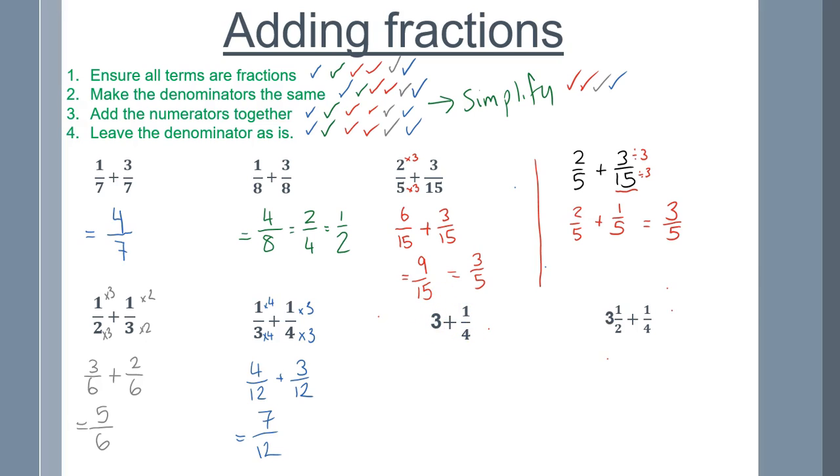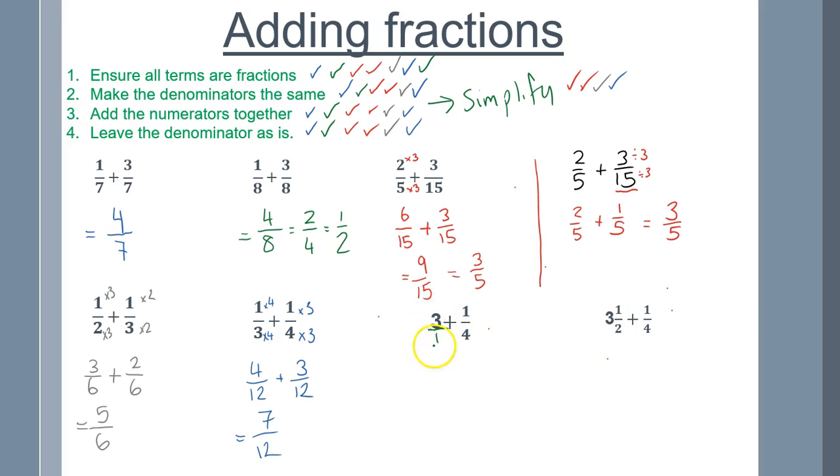This next one throws a bit of a spanner in the works because we can't actually tick off that first one. They're not both fractions. So you need to make them into fractions. Any number, any variable, anything can be written as a fraction by just putting it over 1. So if you want to change something into a fraction, just pop it over 1. And now we want these denominators to be the same.